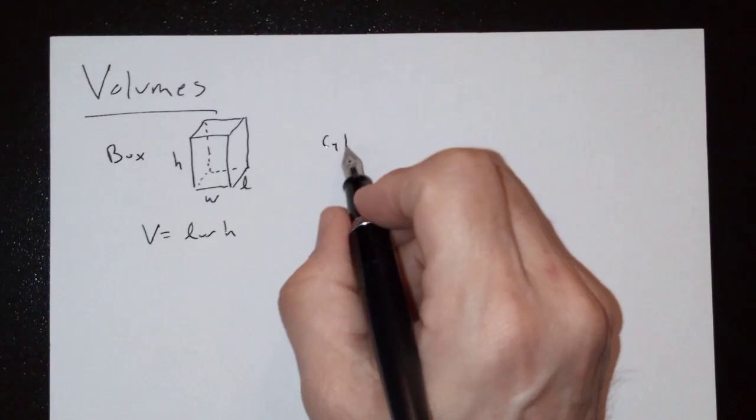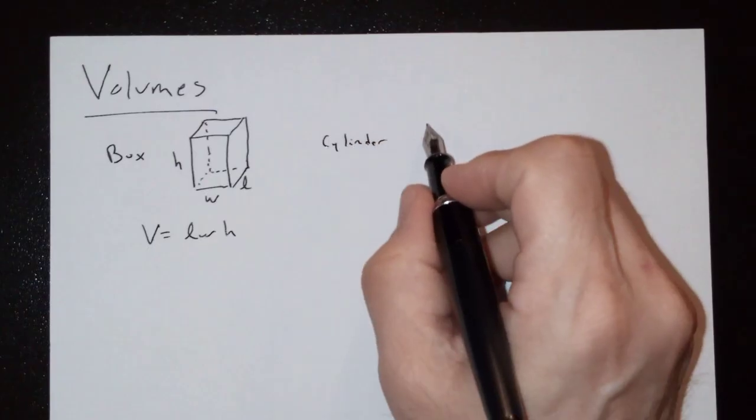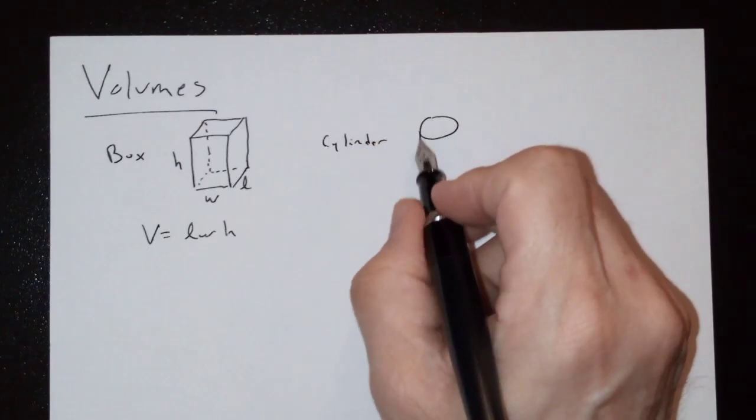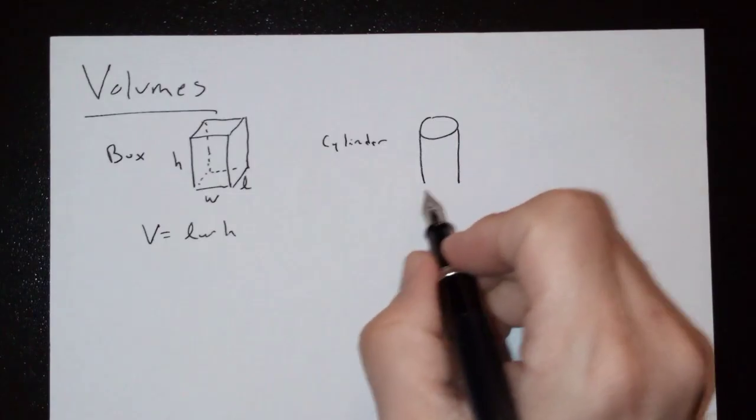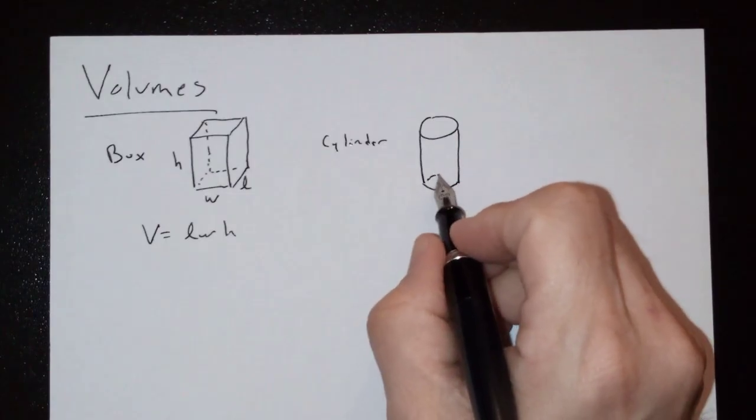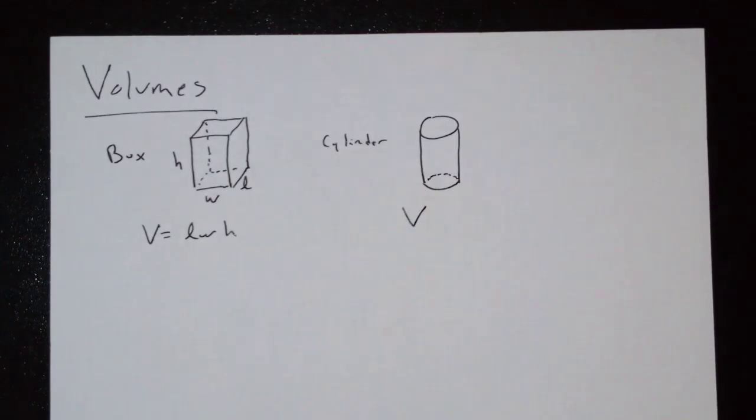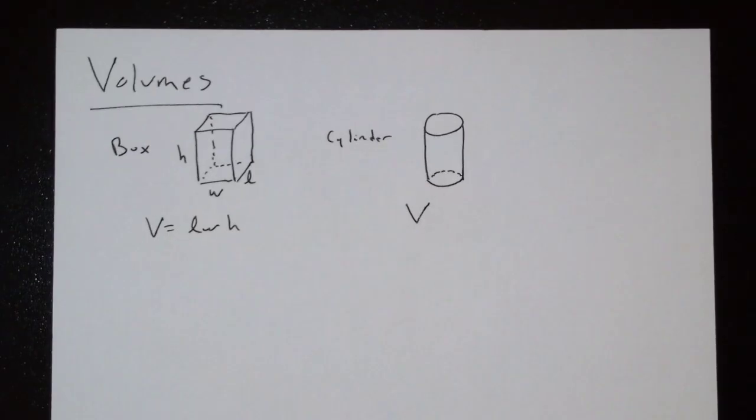How about a cylinder? What's the formula for the volume of a cylinder? Now, this particular example is a right circular cylinder.